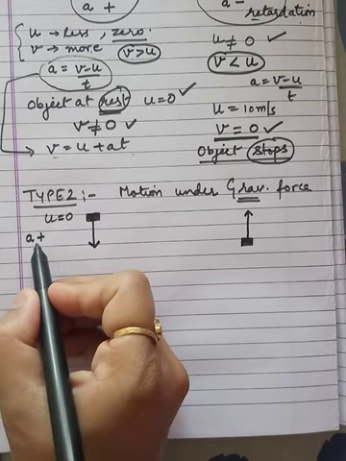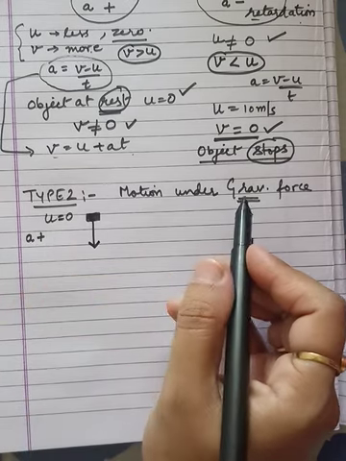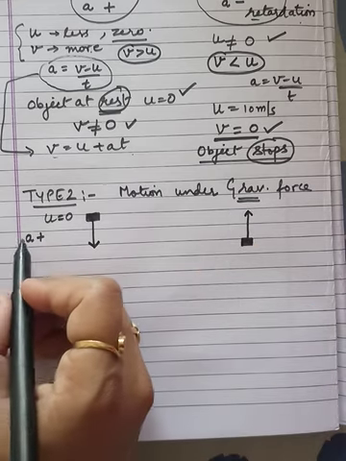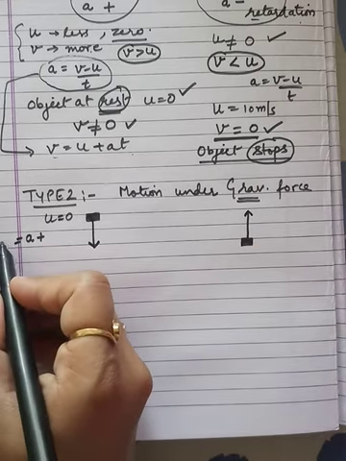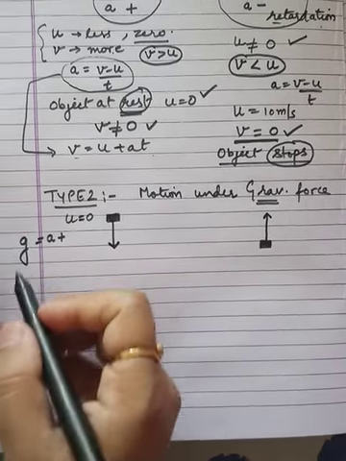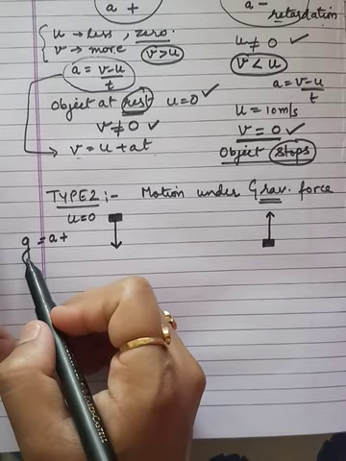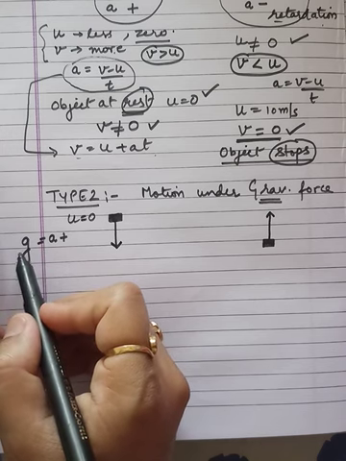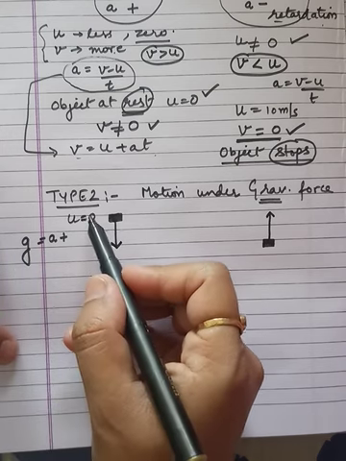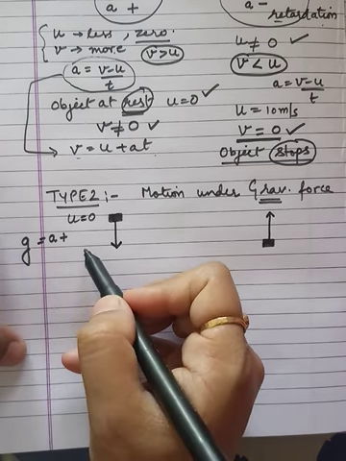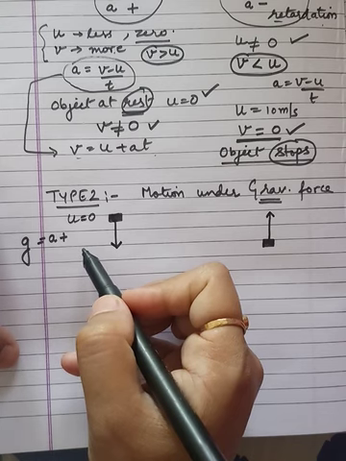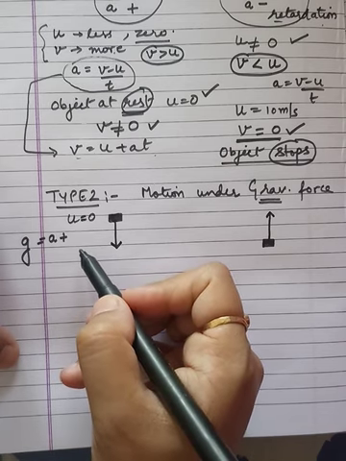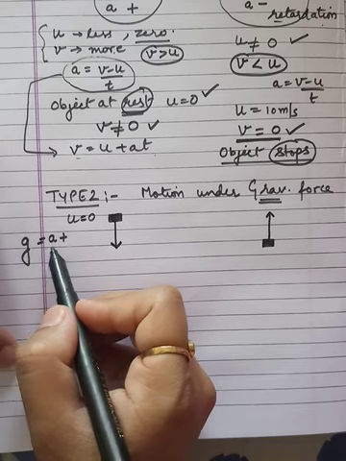And this kind of acceleration, when it is because of gravitational force, is called acceleration due to gravity, and its representation is small g. So acceleration is actually acceleration due to gravity when the object is falling down under the gravitational force, and its velocity is always increasing at the rate of this acceleration.